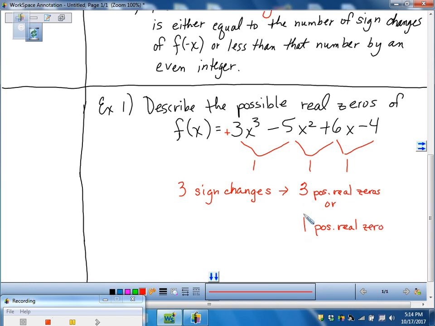So it's either 3 or 1. The change in possibilities always goes down by a number of 2. So this would be my possible positive real zeros.